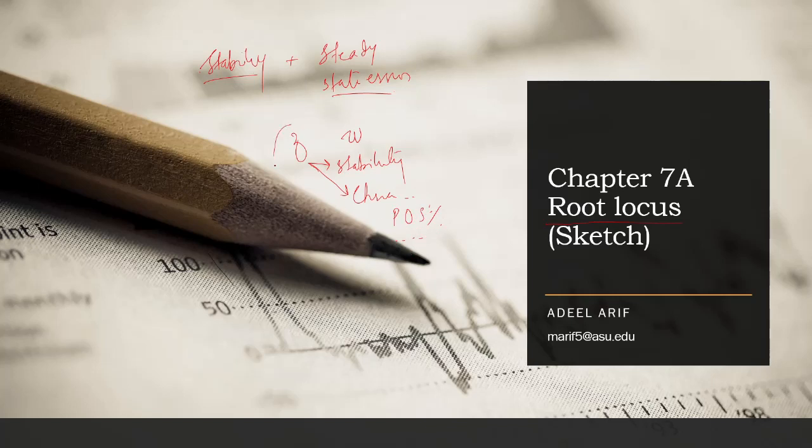So we select an appropriate zeta for initializing a stable system, and then we finally tune to an effective value of omega d or omega n, for which you can say that you have a desired value of your settling time and rise time, right?